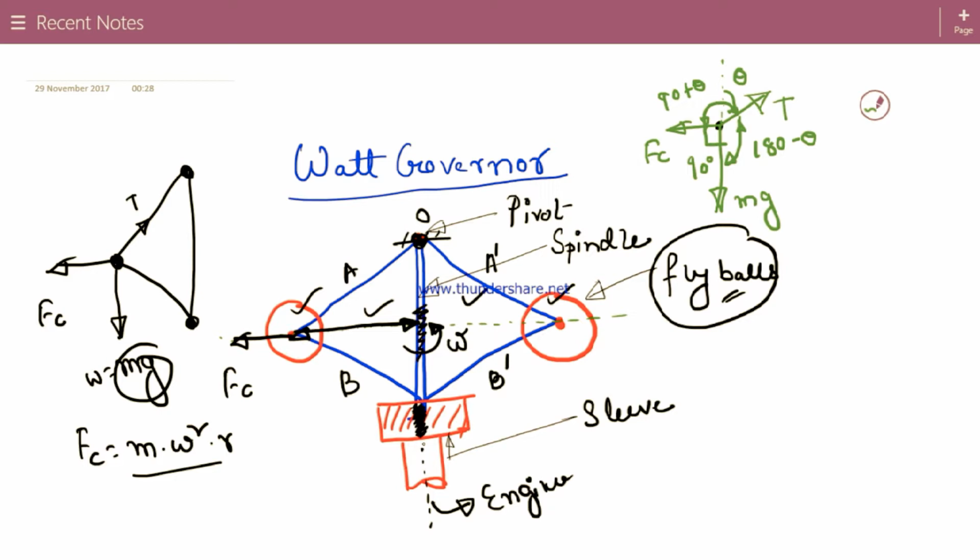So you can use Lami's theorem. Lami's theorem states that Fc over the sine of the angle between the other two forces, that is 180 minus theta, equals mg over sine of 90 plus theta, equals T over sine 90.